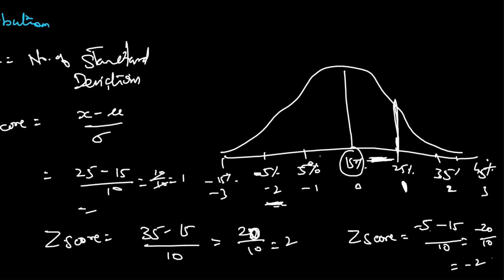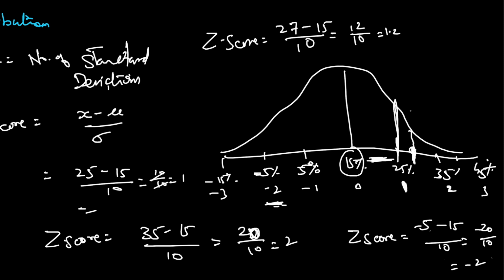Say for example, I want to find out for 27. 27 will fall somewhere in between here. So what is the Z score, or number of standard deviations, for 27? Z score for 27 is equal to 27 minus 15, the mean, divided by 10. That gives me 12 divided by 10, so the Z score will be 1.2.